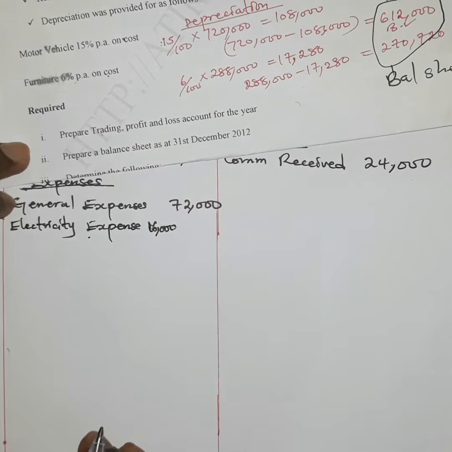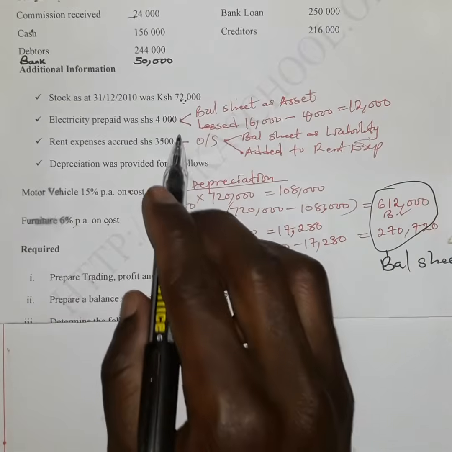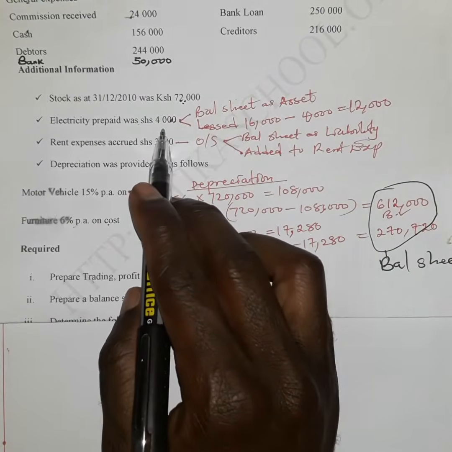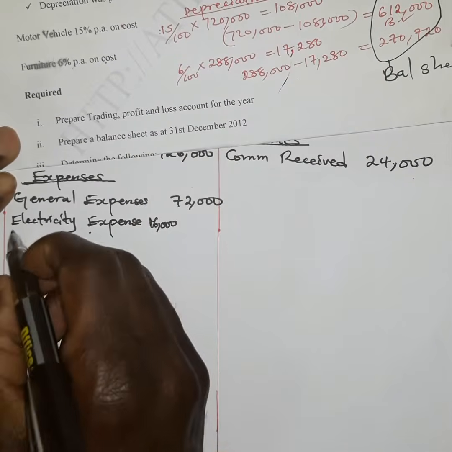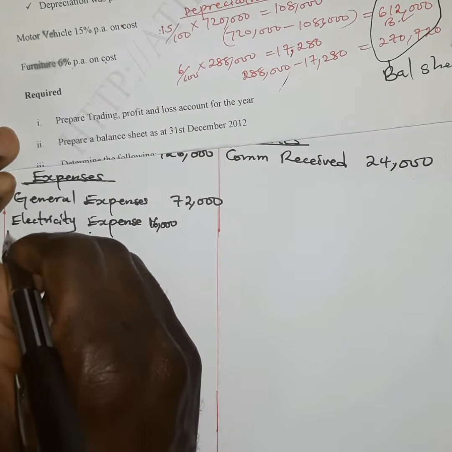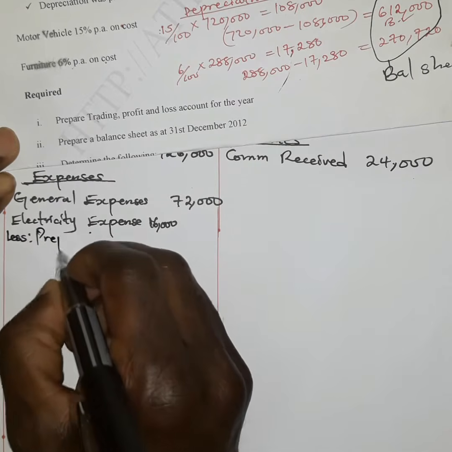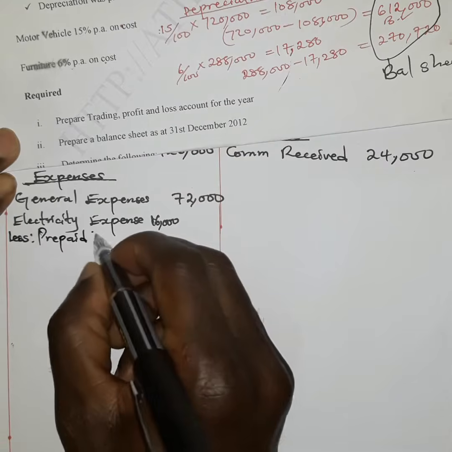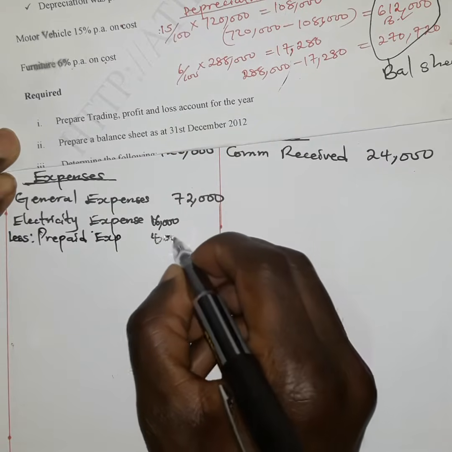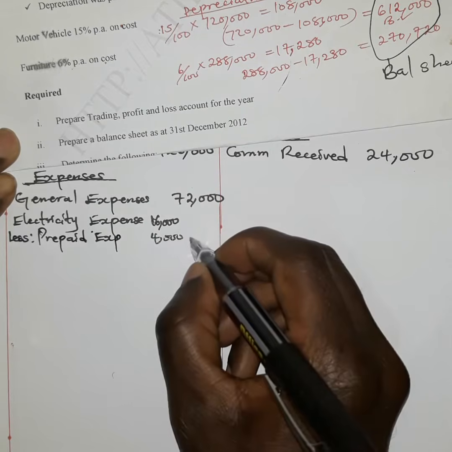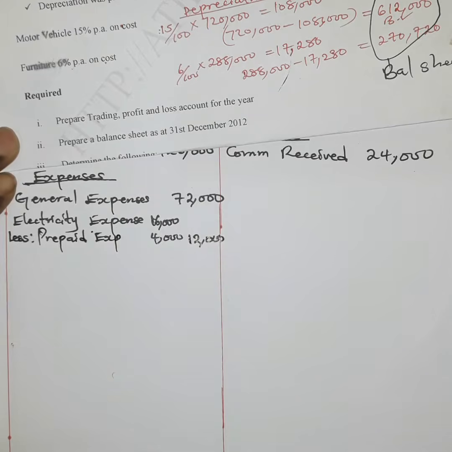But now you see, we are told that the prepaid expense was 4,000, so we are supposed to less the prepaid because it reduces the expense. Prepaid means it was paid in advance. So 16,000 less the prepaid 4,000, we get a value of 12,000. This is what we add to the general expense.